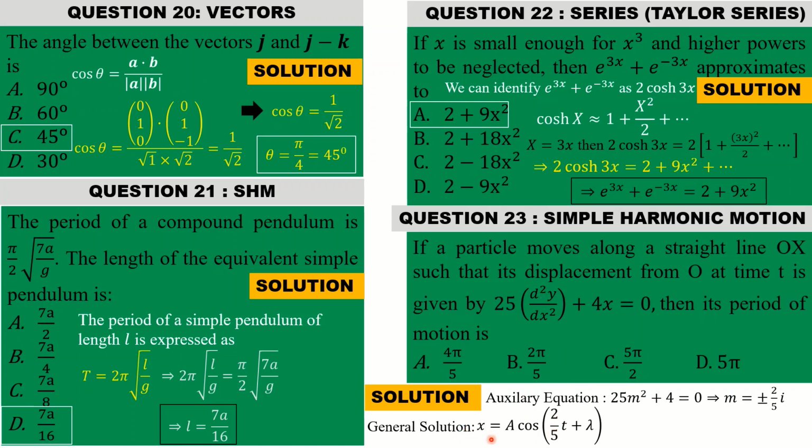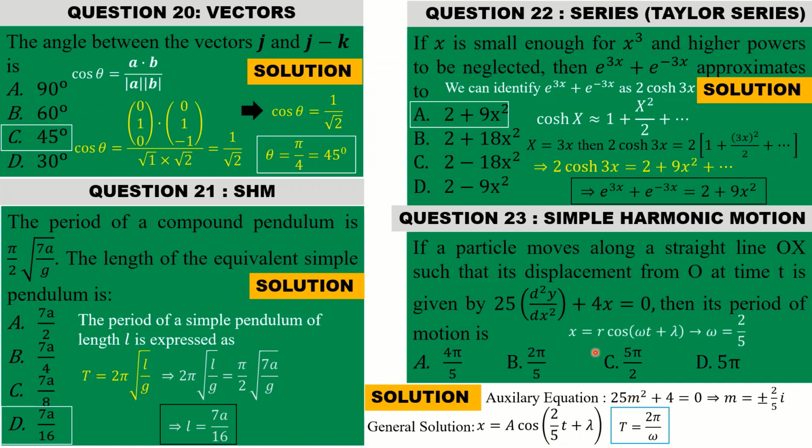So our x is going to be a, which is a constant, times the cosine of omega t plus lambda. Yes, that omega is m, which is 2 over 5. So doing that, you have your x to be a cos of 2t over 5 plus lambda. Now we need the period, and you know period is equal to 2 pi over omega for sinusoidal functions.